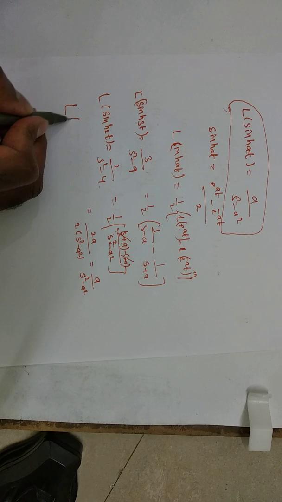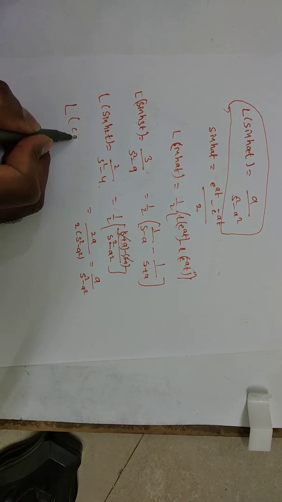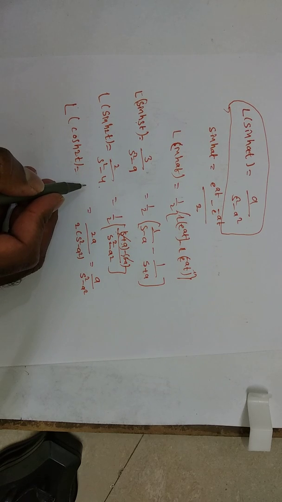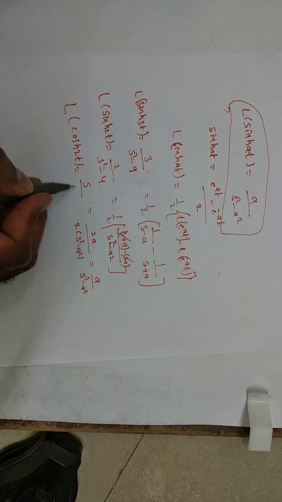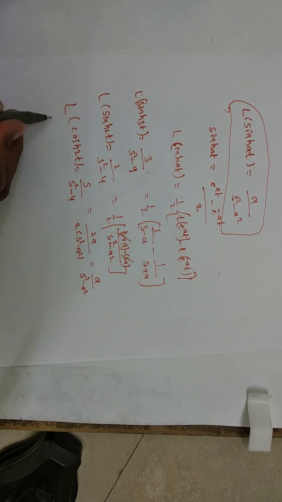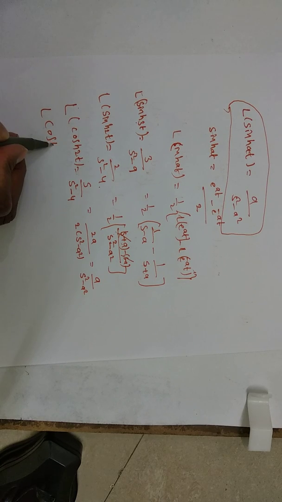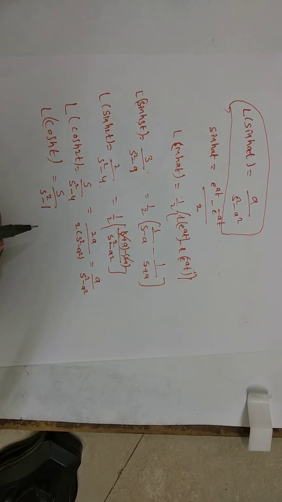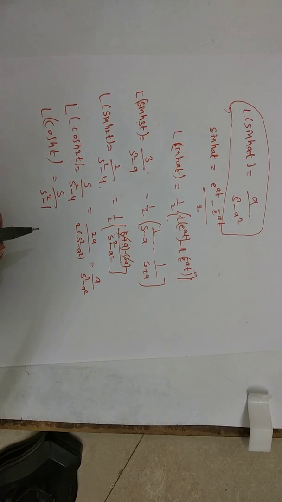Earlier we were discussing L of cosh(at), which is s by s square minus a square. So this is minus 4. If I want L of cosh(t) only, then s by s square minus a square means minus 1. Okay. Next.